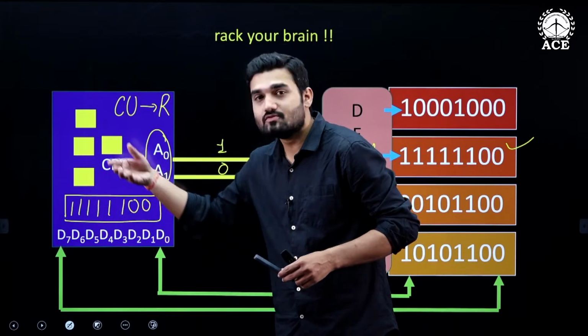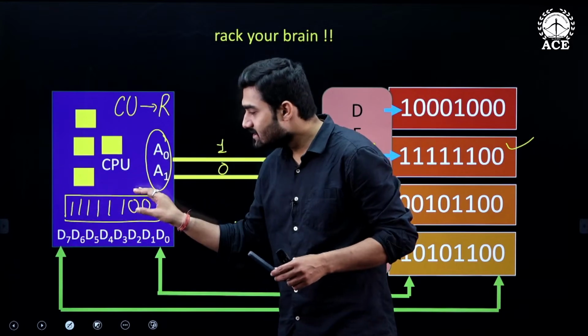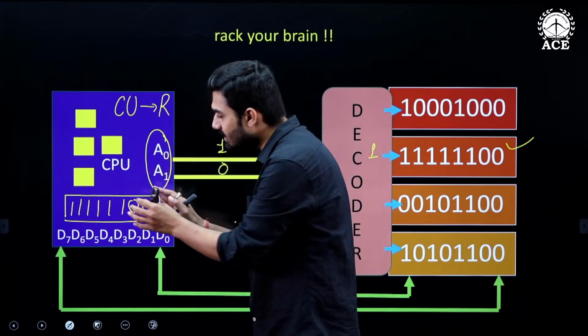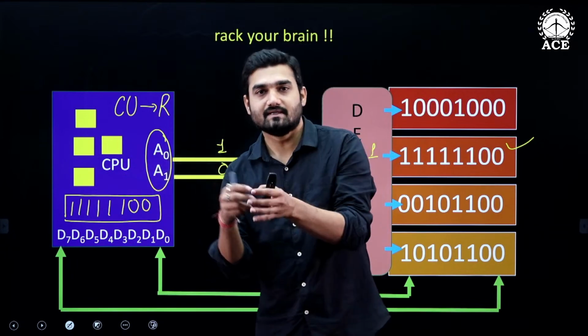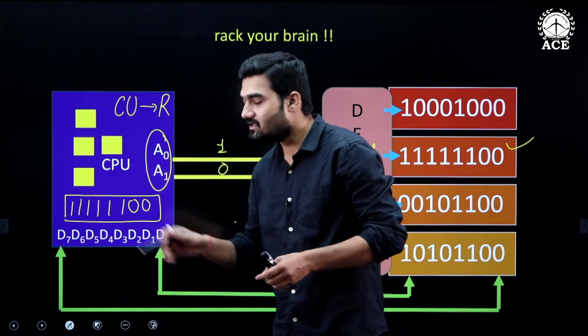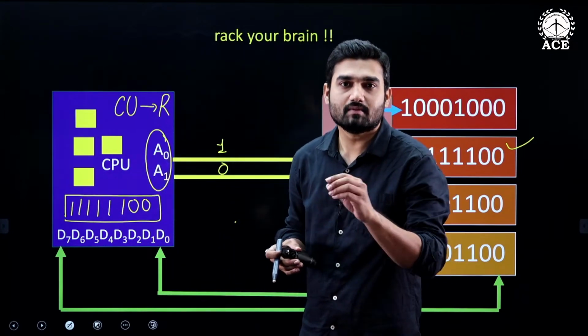Now this data needs to be processed. This data has so much information. Maybe this particular data has some format. Let us say the data can be divided into 2 parts, that means it has a 2 address format.